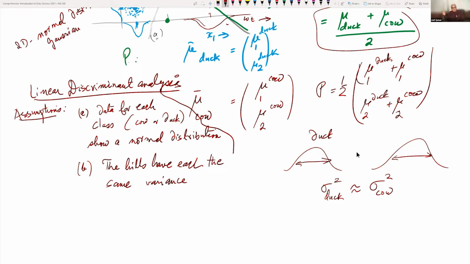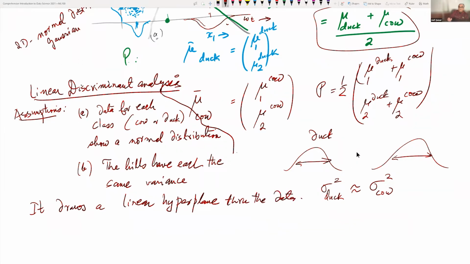When you make these two assumptions, you're using linear discriminant analysis. So it draws a linear hyperplane through the data. Okay, so this is an important thing.